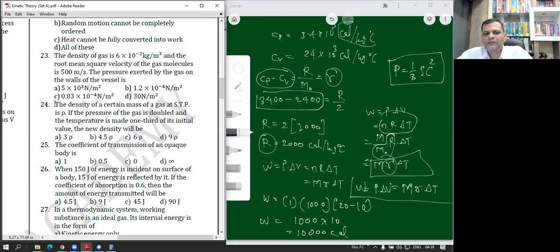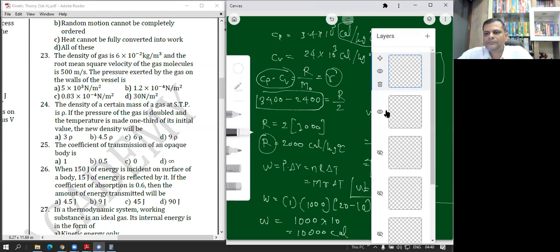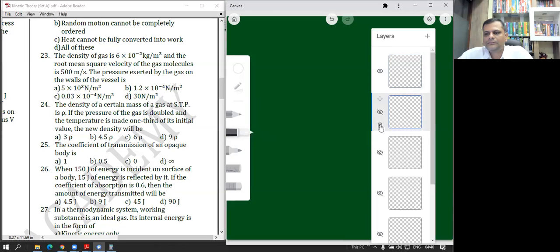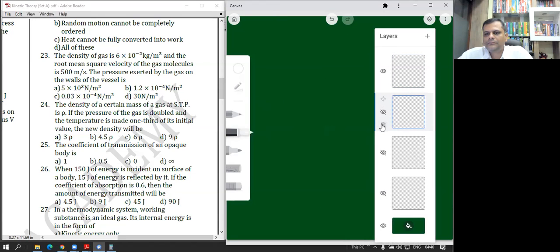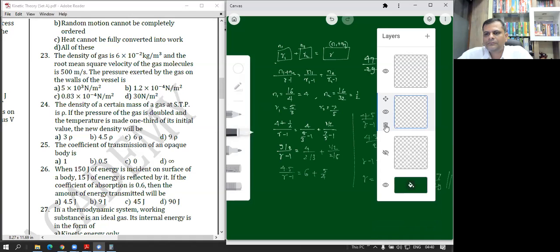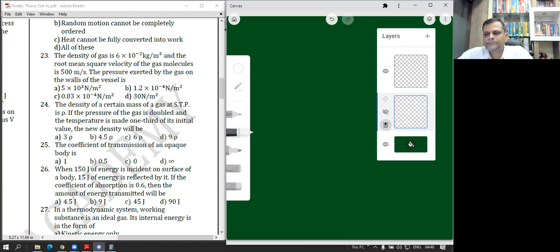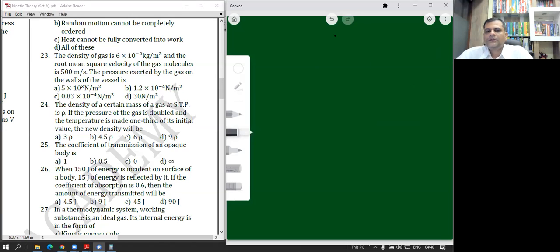Next one, 24th one. The density of certain mass of the gas at STP is rho. If the pressure of the gas is doubled and the temperature is made 1/3, then the new density will be. Okay. Yes. देखो, density of the certain mass of the gas at STP is already given to be rho.